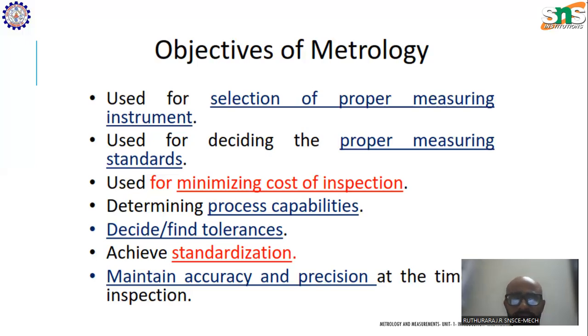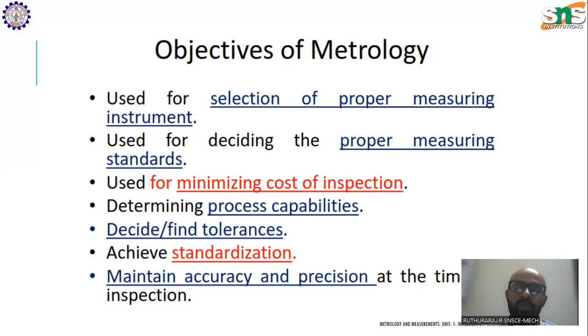No, because it is enough to measure it with the help of a ruler itself. The accuracy of the ruler is sufficient to determine the length of a table, whereas the accuracy of the ruler might not be sufficient to determine the length of a piston. So that is the difference.